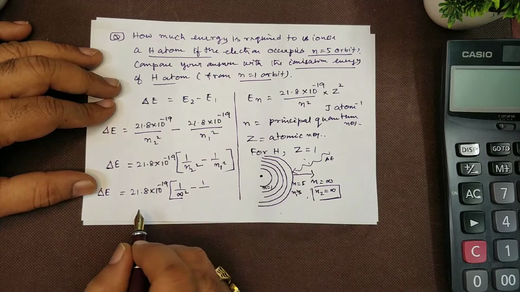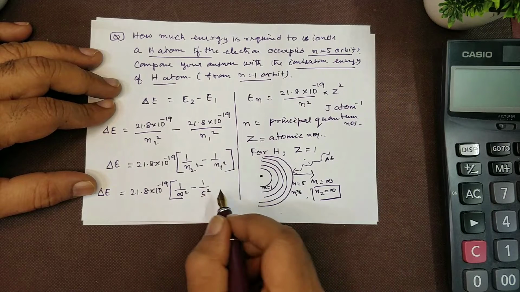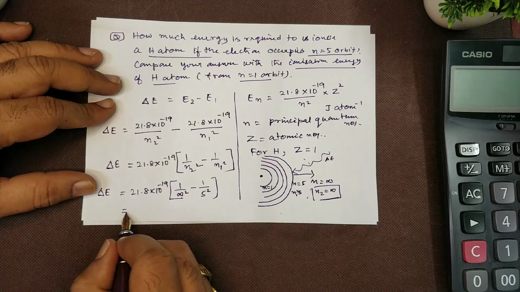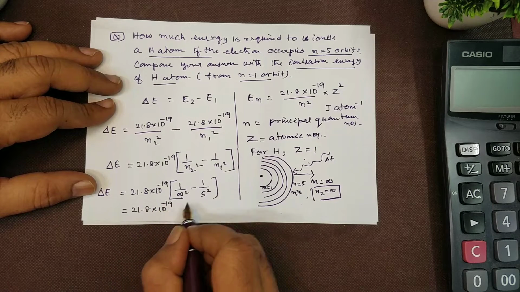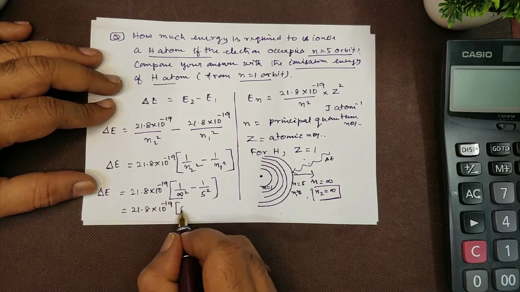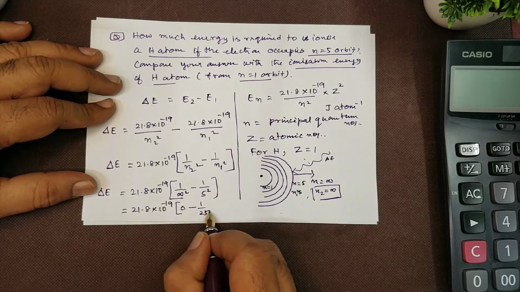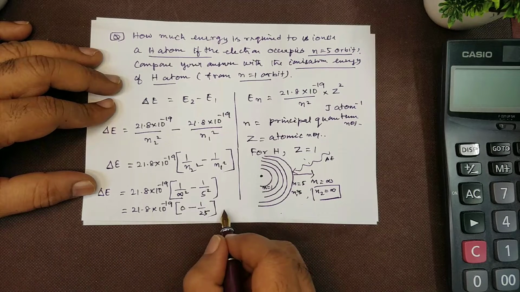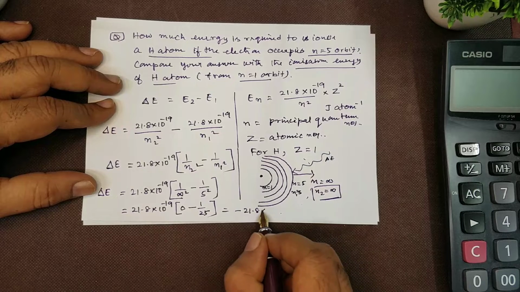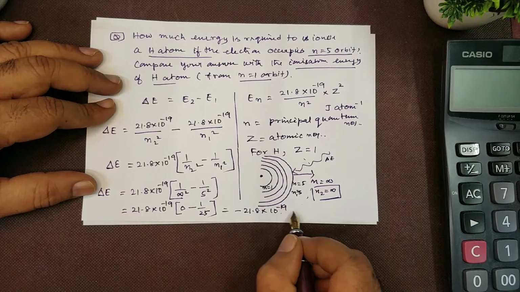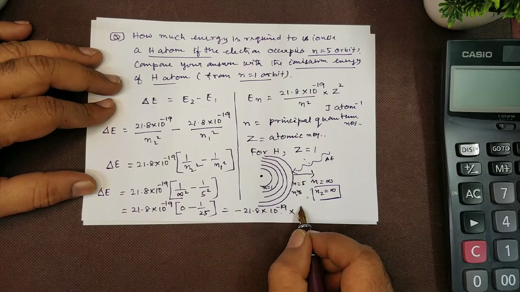So what is n1? n1 is 5, so 5 squared. That is the principal quantum number. So it means 21.8 into 10 power minus 19, this becomes 0, is it not, minus 1 by 25. Am I right? So the final answer you will get is negative: minus 21.8 into 10 power minus 19 into 1 by 25.